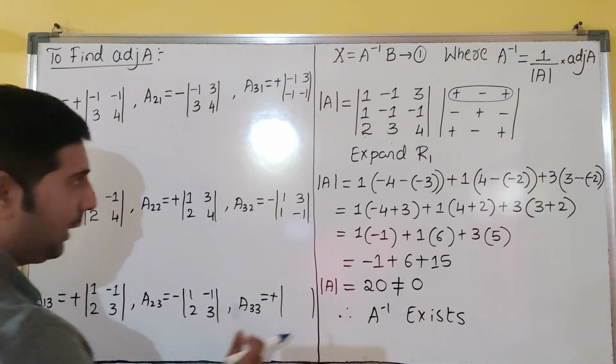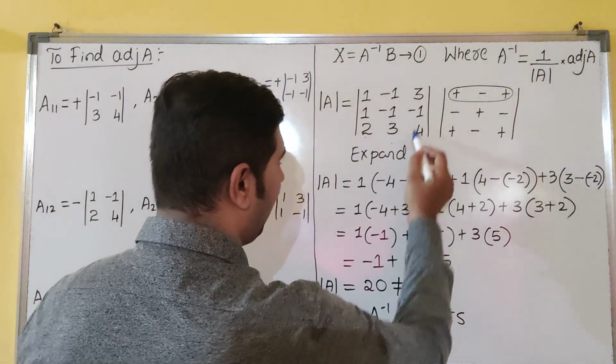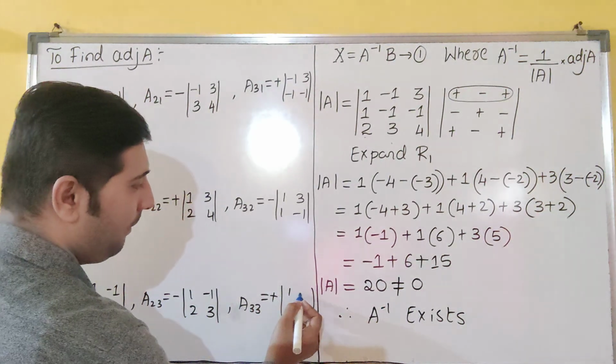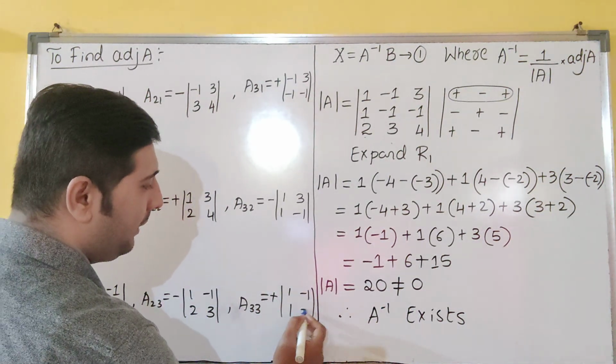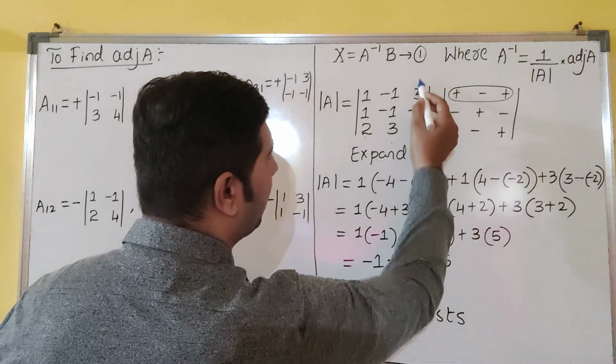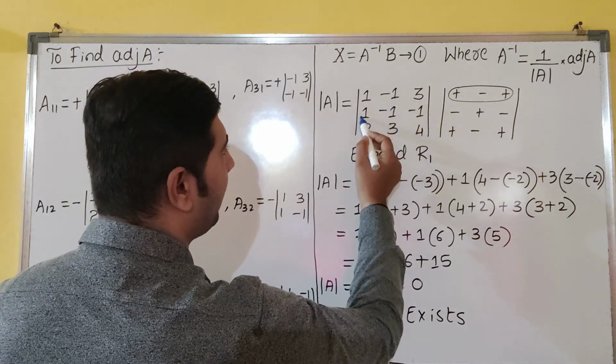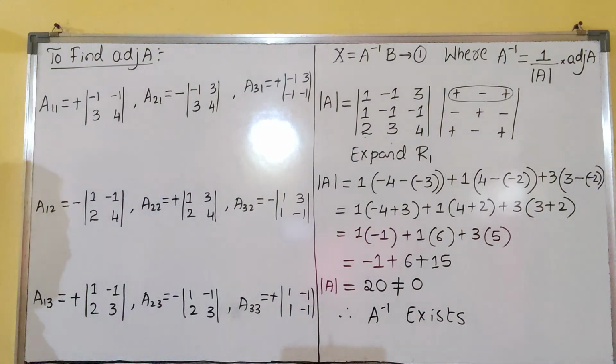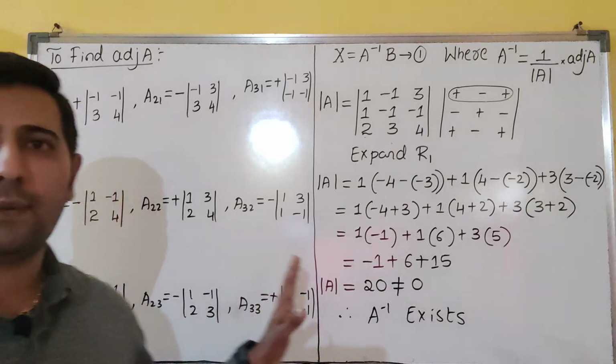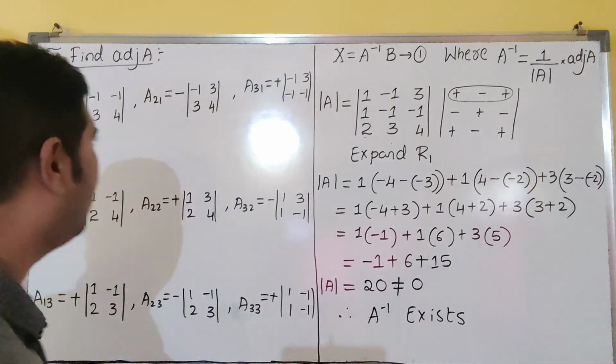Clear? Third row, third column you leave means 1, minus 1, 1, minus 1 we are getting. Clear everyone? Understood?